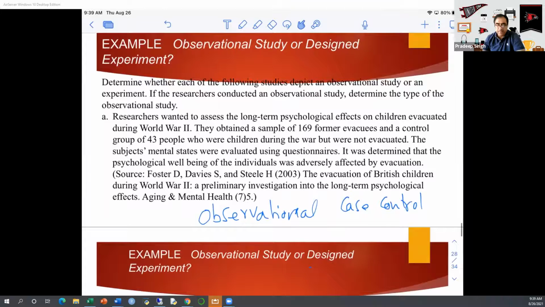And as you can see in some of the examples here, this first one obtained a sample of 169 former evacuees and a control group of 43 people who were children during the war but were not evacuated. And then you look at the different measures from those groups. So this is observational, and it is a case control study, where we had children who were evacuated and children who were not evacuated.